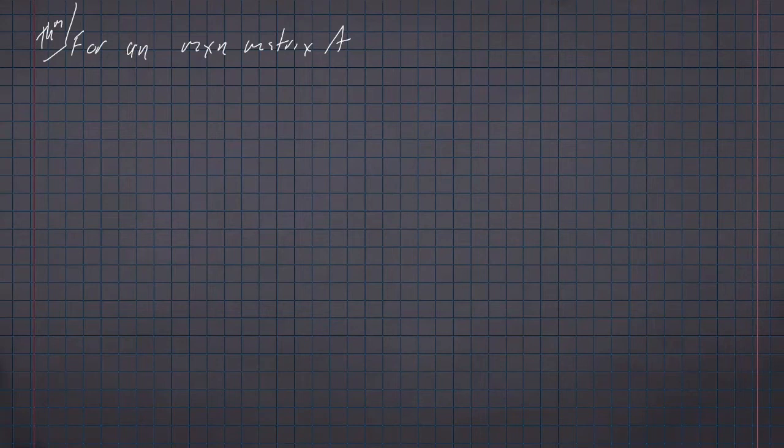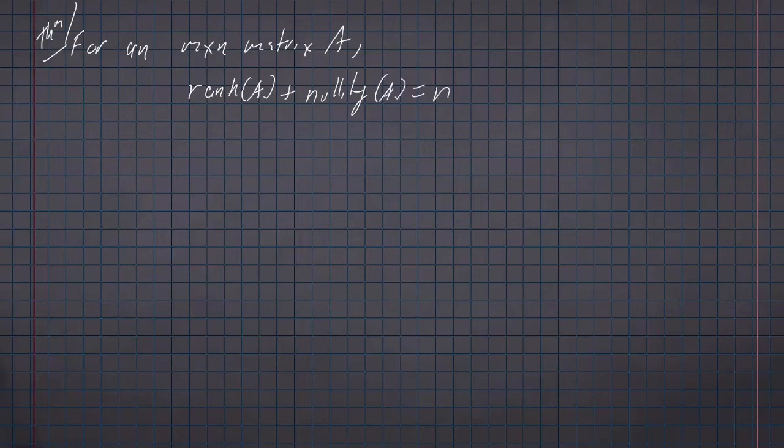For an m by n matrix A, if you add the rank of A plus the nullity of A, you get n, the number of columns in the matrix.